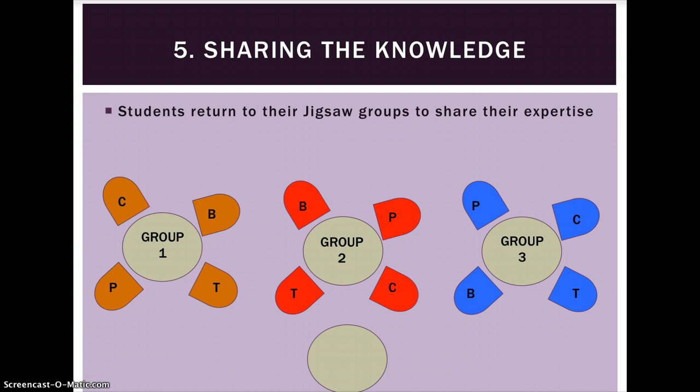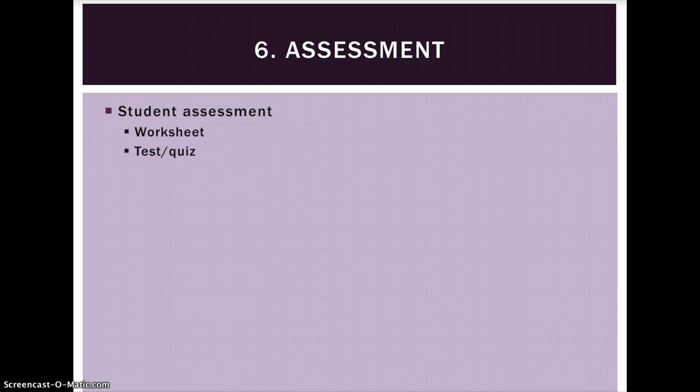The last step is the assessment portion. And usually when we think of assessment, we think of a test or a quiz. In cooperative learning, while that is an accepted way to assess students, an alternative is to have all the students in one group complete an assignment, but then only mark one student's assignment.